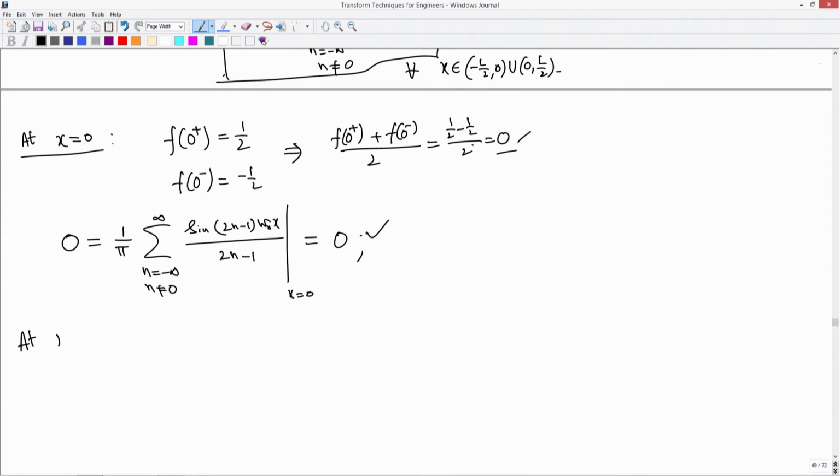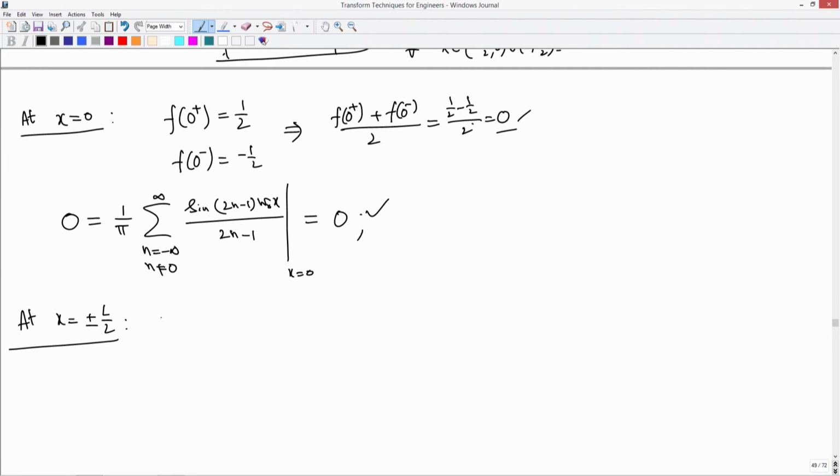Now, what happens at x equal to minus L by 2 or plus L by 2? At both places the function is discontinuous. You calculate f at minus L by 2 on the plus side, which is equal to minus half, and f at plus L by 2 on the minus side.